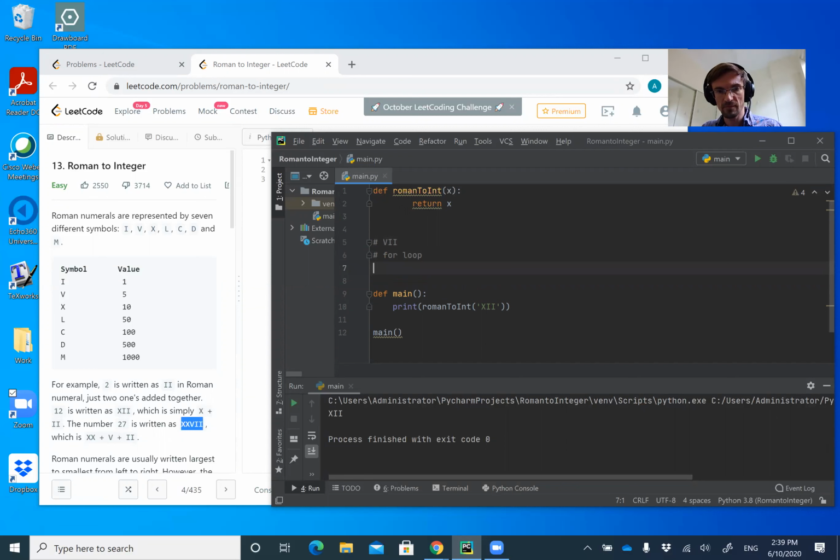Maybe first, for i = 0, the total is V, which is 5, then I is 1, then I is 1.